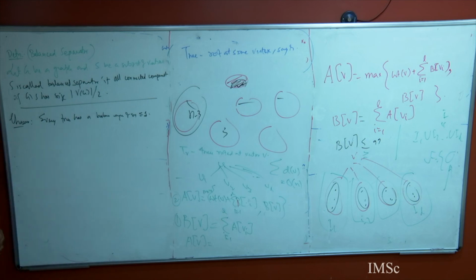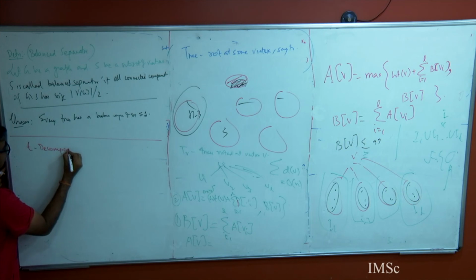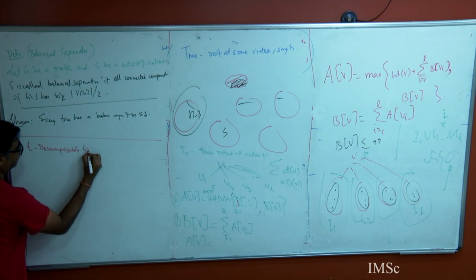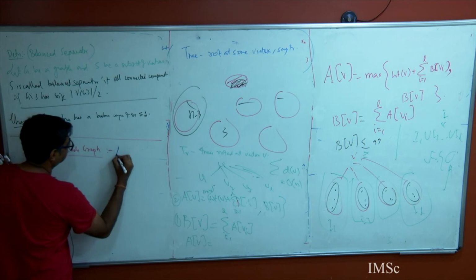I'm going to define a notion of t-decomposable graph. Don't search the internet, you will not find it. Don't look at FPT textbooks either, you will not find any of these things.